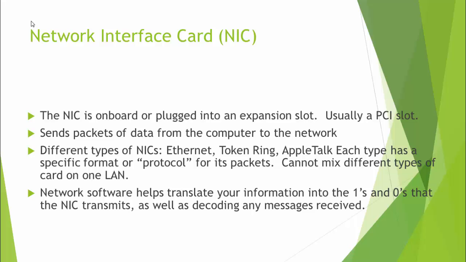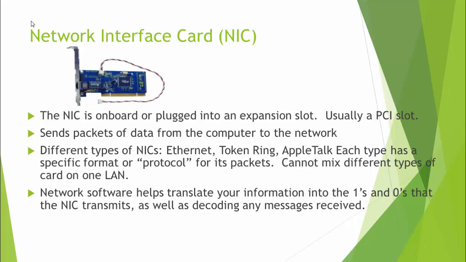Now, what kind of hardware do we have that establishes these kinds of things? Well, let's start with the computer itself. It needs to have a network interface card. Now, desktops tend to have little devices like this plugged into an expansion slot, usually a PCI or PCI Express slot. And this will send packets of data from the computer to the network through an Ethernet cable.